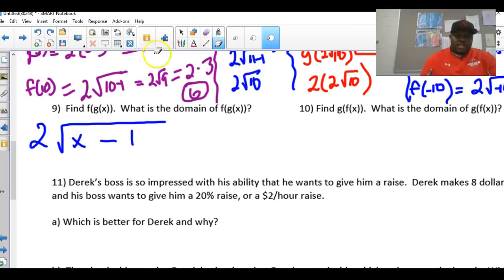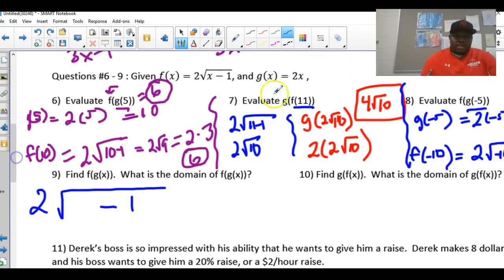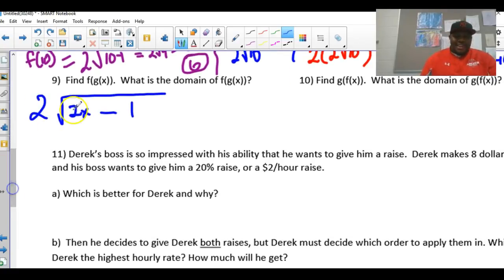That means that g is going to go in place of x. g of x is going to go in place of x. 2x is going to go in place of that, so 2x. Now we simplify it, and we can't. This is it. 2 times the square root of 2x minus 1.